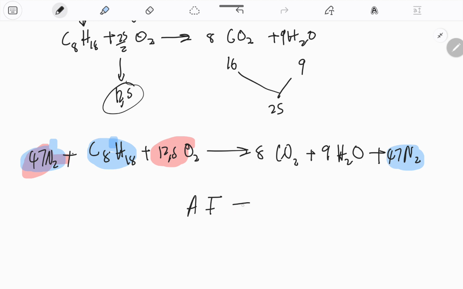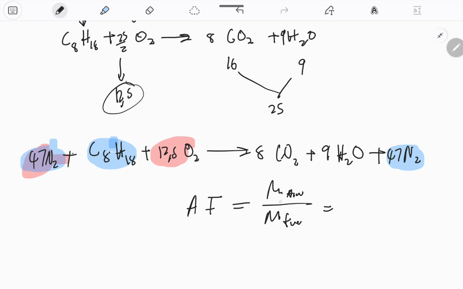So we wanted to solve air fuel ratio, right? Air fuel ratio, I'm using mole ratio, it will be moles of air all over moles of fuel.